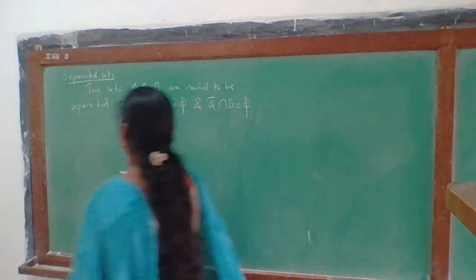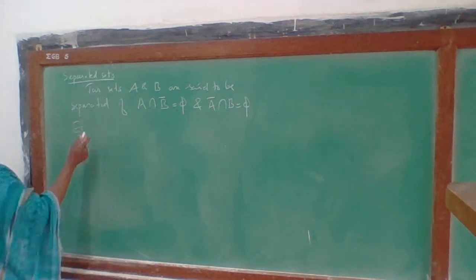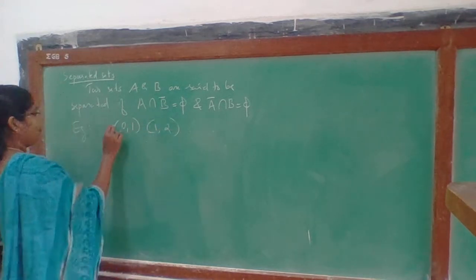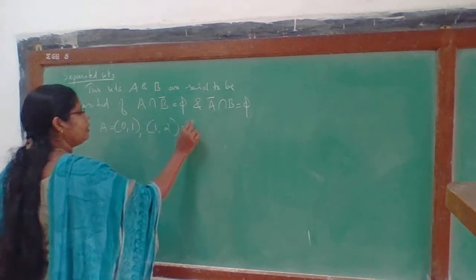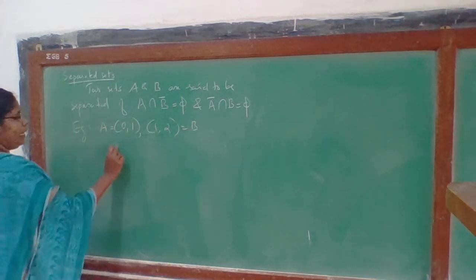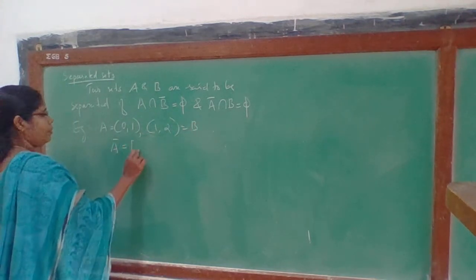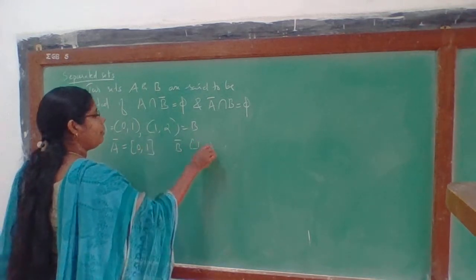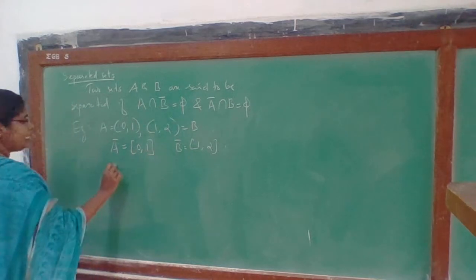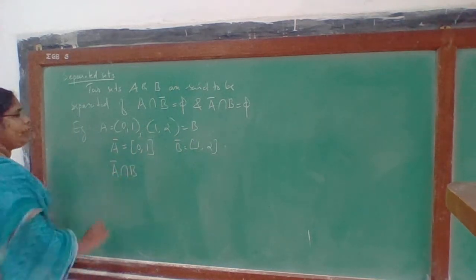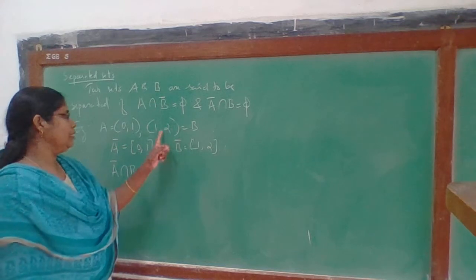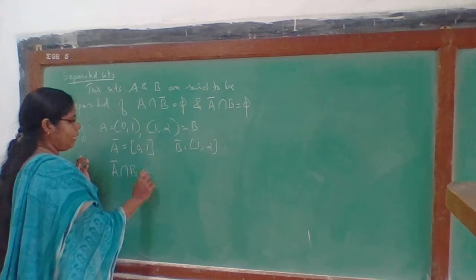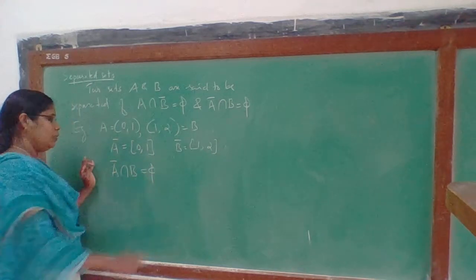For example, we have the segments (0, 1) and (1, 2). If this is A and this is B, we have A closure is the closed interval [0, 1] and B closure is the closed interval [1, 2]. You can see that A closure intersection B: B is segment (1, 2) and A closure is interval [0, 1], so they don't have any common element. So it's empty.